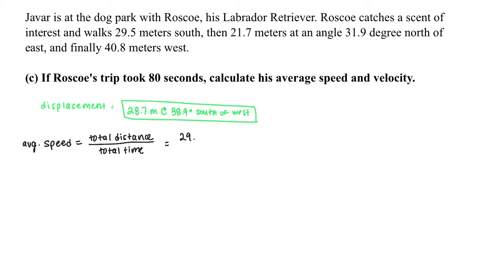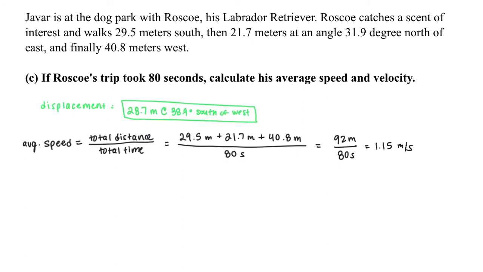So 29.5 meters plus 21.7 meters plus 40.8 meters, right? Distance doesn't care about direction. And that would all be over 80 seconds. And that would be 92 meters over 80 seconds, which will give us an average speed of 1.15 meters per second. And I'll go ahead and box that.